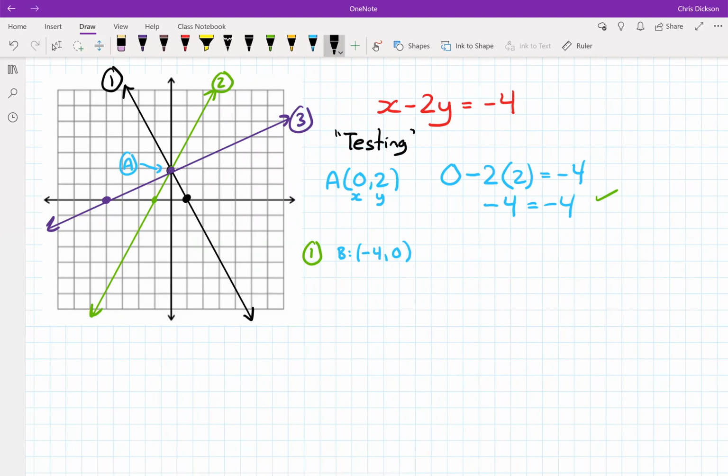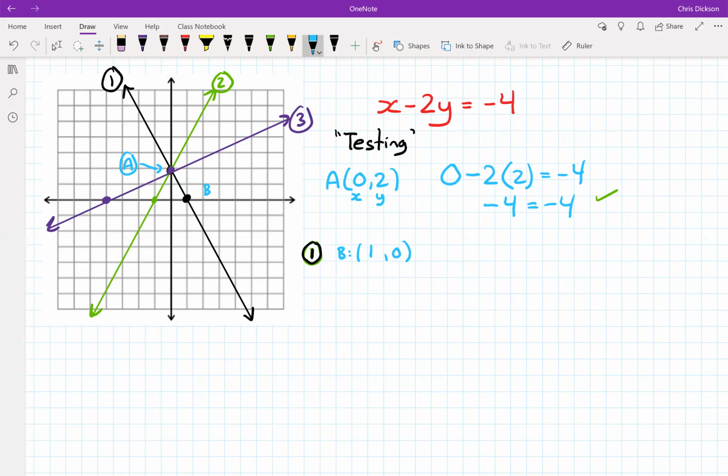Sorry, equation 1 is the black one. And let's call point B over here then. Let's make point B there. And that actually would be 1, comma 0.